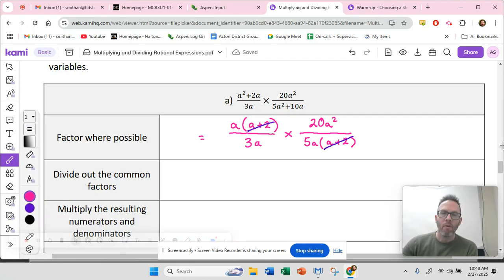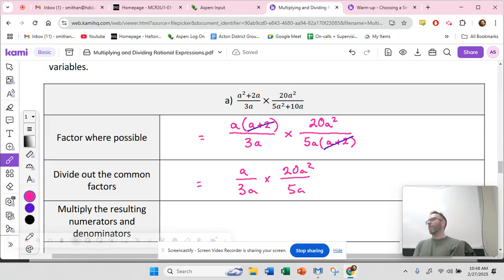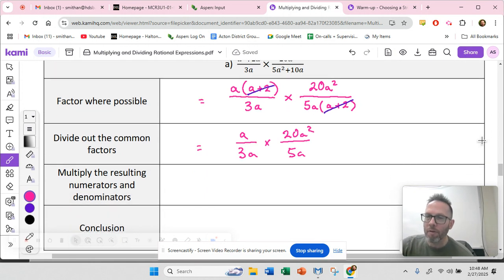At this point, what we're left with is a divided by 3a, and 20a squared divided by 5a. And now it's just like that first example we did. Can you guys multiply the tops, multiply the bottoms? We'll simplify, and then we'll see if there's any restrictions.